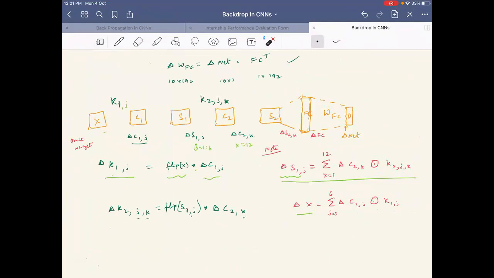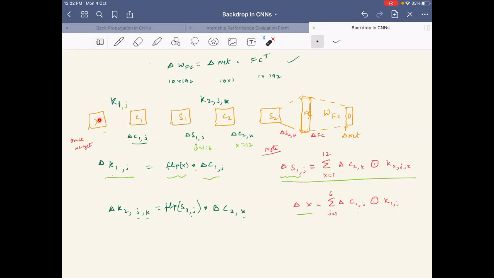So, for example, if you are getting the convolution maps C1 through the convolution operation with the kernel K and X, in the reverse pass, if we already have delta C1J, then to get delta X, what you need is the correlation operation with respect to the corresponding kernels.